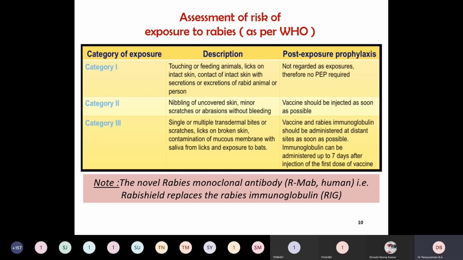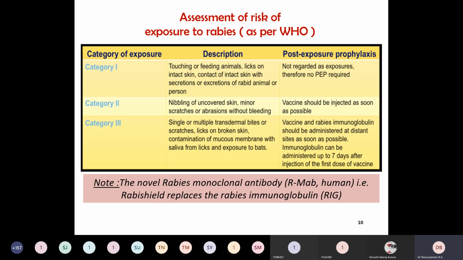What about pre-exposure vaccination? See, it is recommended for risk groups like veterinarians, laboratory personnel working with rabies virus, medical and paramedical personnel treating the rabies patients, and dog catchers or dog pound workers, forest staff, zookeepers, and postmen, policemen, courier boys, children in canine rabies endemic areas.